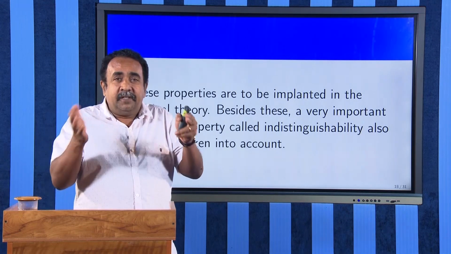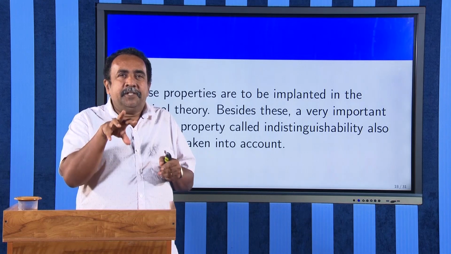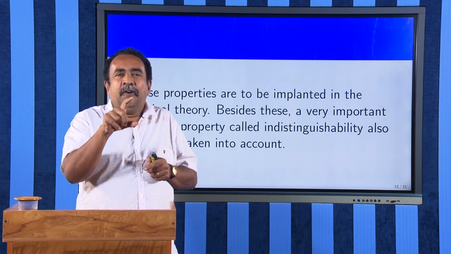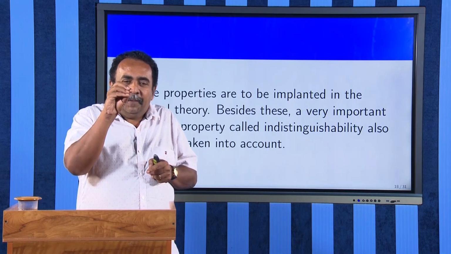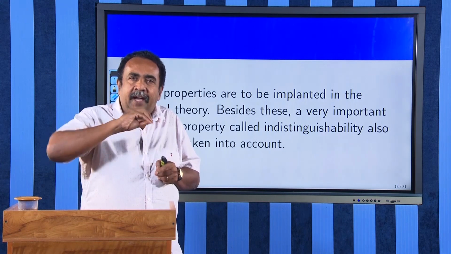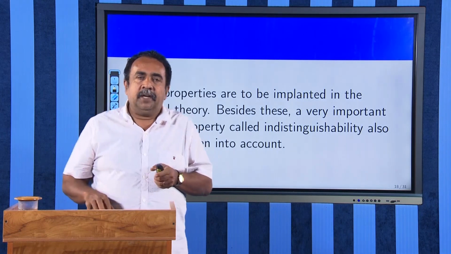They must be put together, because these particles possess all these properties simultaneously. By taking all these properties as a single entity, we have to change our classical statistical mechanics to quantum statistical mechanics.